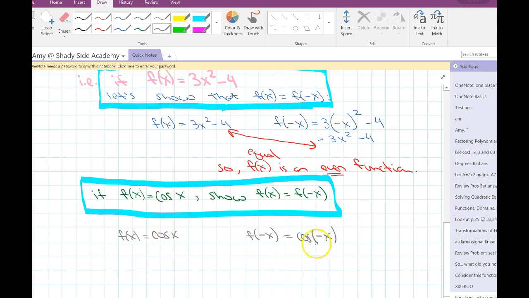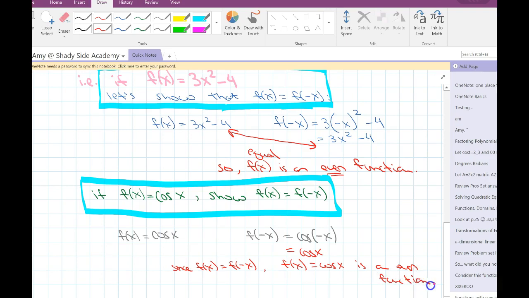Maybe you'll remember your identities sheet. I remember it was Arusha who did a really nice graphical proof of why this always has to be the case. But you may recall that f of negative x, or cosine of negative x, always equals cos x. So since f of x equals f of negative x, we know that f of x equals cosine x is an even function. Very good.